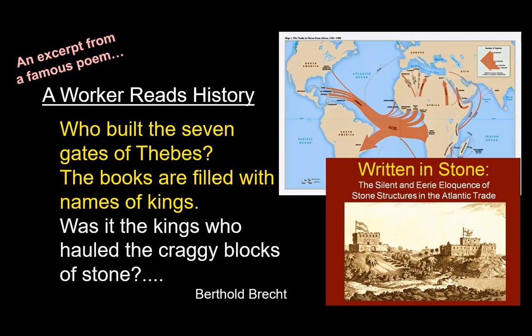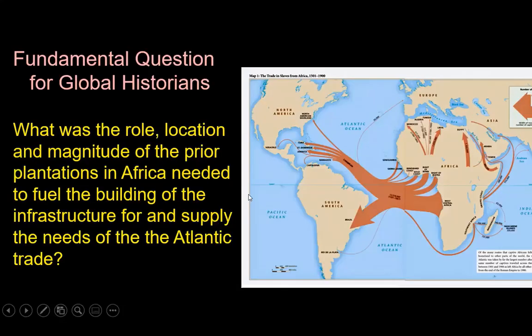Was it kings who hauled the craggy blocks of stone? Well, you can bet it wasn't the kings. And you can bet it wasn't the king's underlings. It had to do with slave labor from the beginning. So the story that has already been written in stone in West Africa has a labor history behind it, which ought to be investigated.